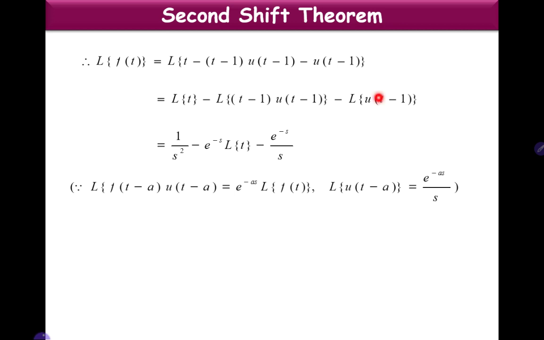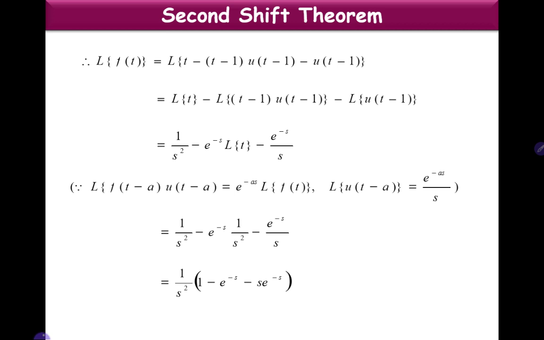And we know that the Laplace transform of u of t minus a is e power minus as by s, and a is 1 here. Therefore, this is e power minus s by s, and hence the Laplace transform of f of t is 1 by s square minus e power minus s into 1 by s square minus e power minus s. After simplification, we can write it as 1 by s square times 1 minus e power minus s into e power minus s.